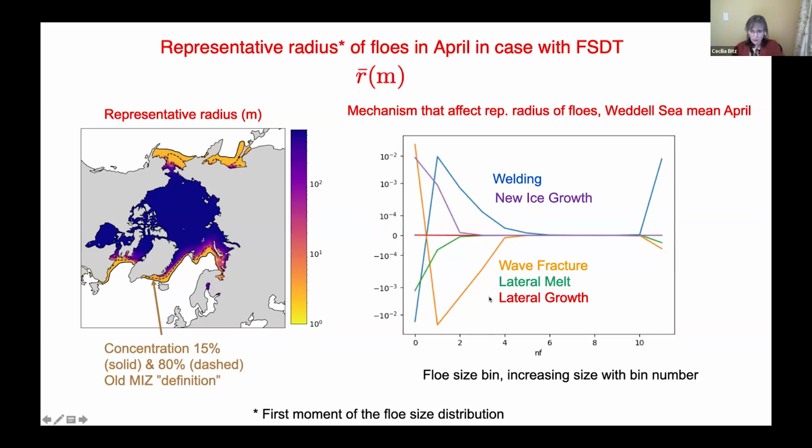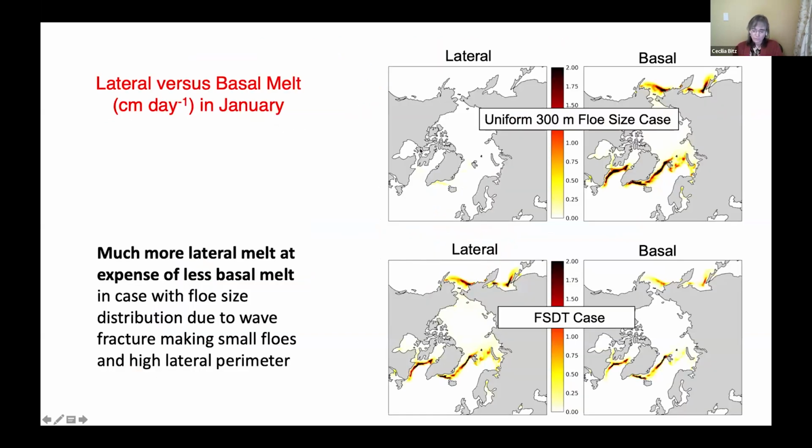And I think this wave fracture was too excessive, too efficient at just fracturing the heck out of these small flows and putting them all into the smallest category. And others are working on doing that more realistically.